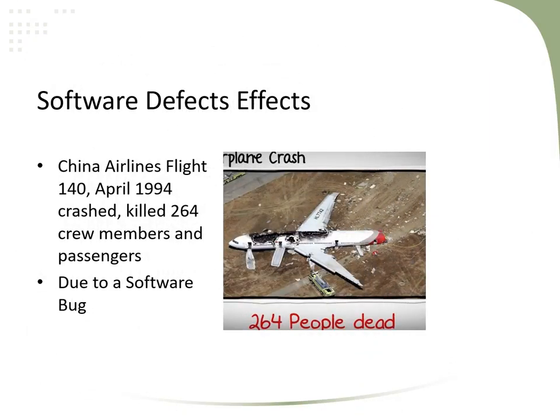Here's just a few examples of the results of a software defect. In April 1994, China Airlines Flight 140 crashed and it killed 264 crew members and passengers. And this was due to a software bug or defect that wasn't found.